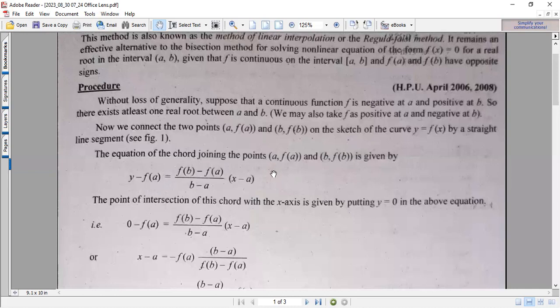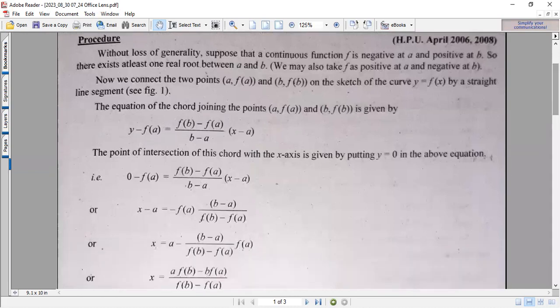Then 0 minus f of a equals f of b minus f of a upon b minus a, into x minus a.